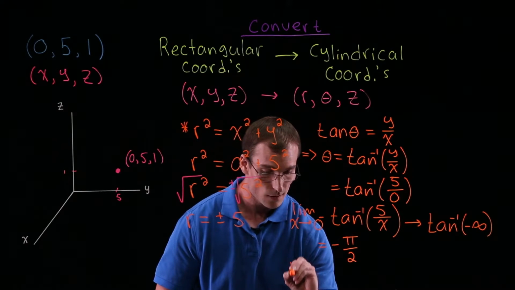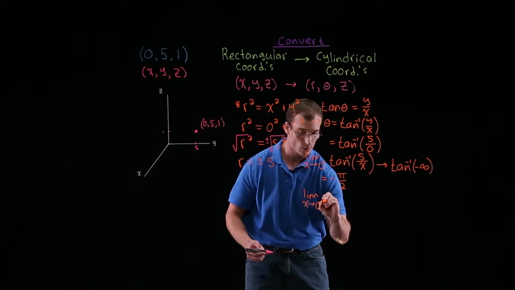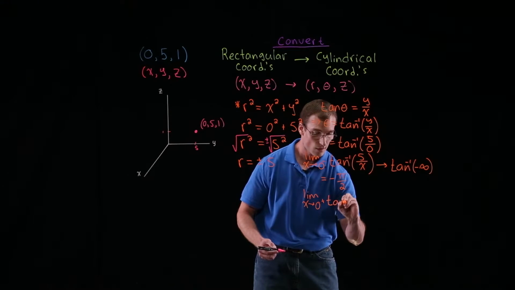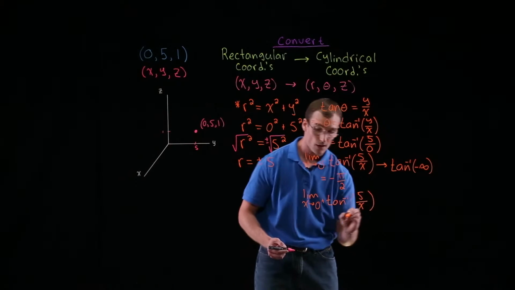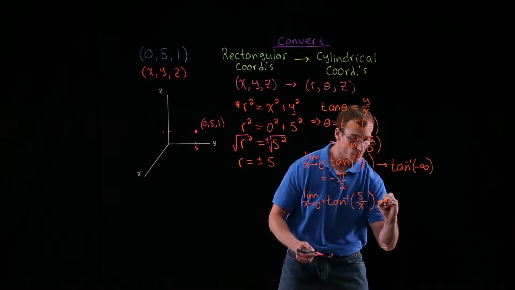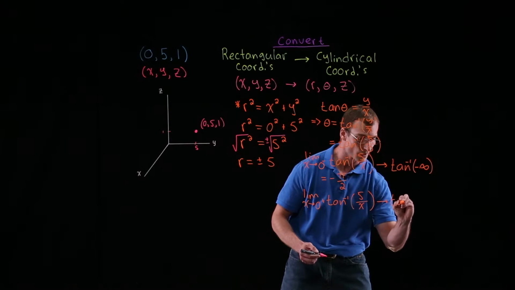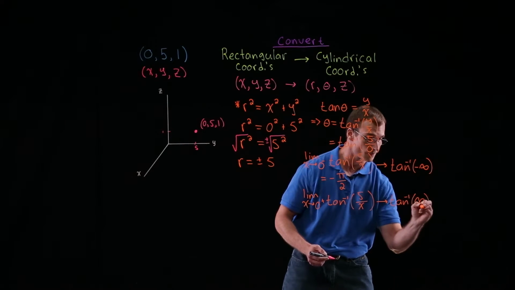Likewise, we'll look at the limit as x approaches 0 from the right of tangent inverse of 5 over x. X approaching 0 from the right, x is positive, but still going to 0. So the inside is approaching positive infinity.